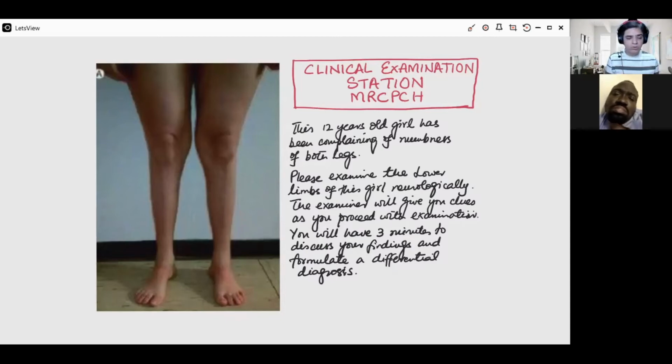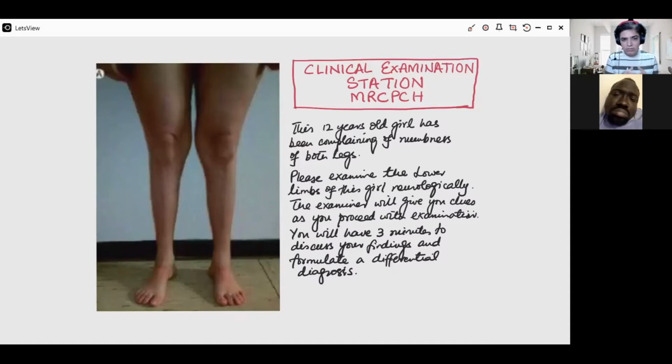Then here you can also talk about, I would like to do the Romberg test. If the child is unsteady, and that unsteadiness is aggravated by the child bringing their feet together and closing their eyes, that goes more in favor of a peripheral neurological reason for ataxia rather than a central one.